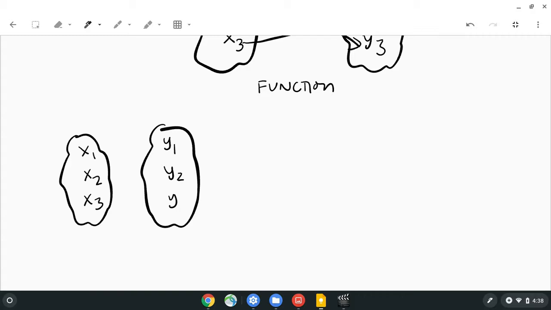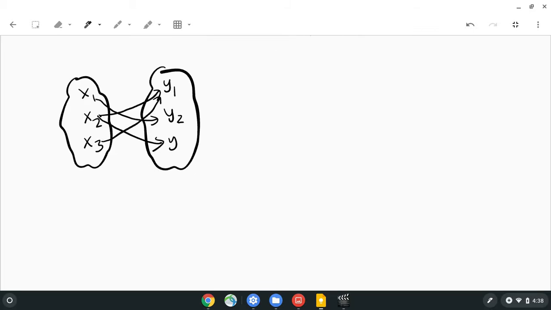Okay, and suppose that x1 gets mapped over here. And suppose that x2 gets mapped over here and over here. And suppose that x3 gets mapped up to y1. Okay, so over here, this is not a function.